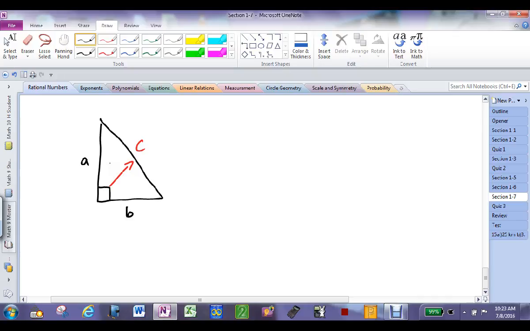Here's why I don't like teaching it as A squared, B squared, C squared. What if I do this? And I tell you this side is 3, this side is 4, and this side is A. How many of you would do that question wrong? Every one of you put your hands up.